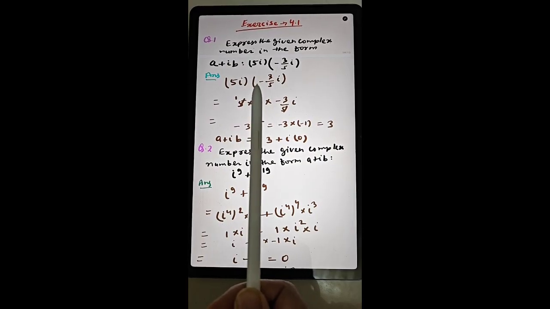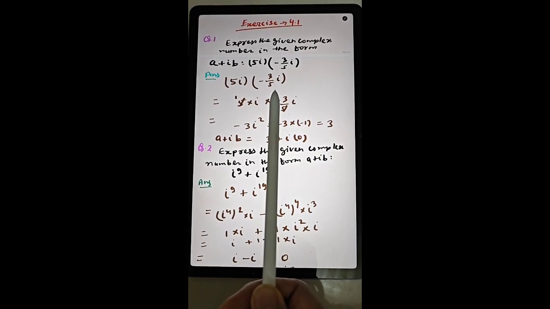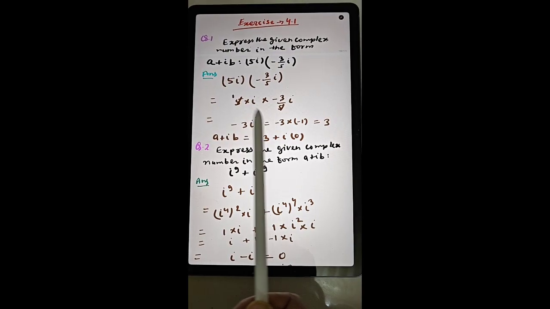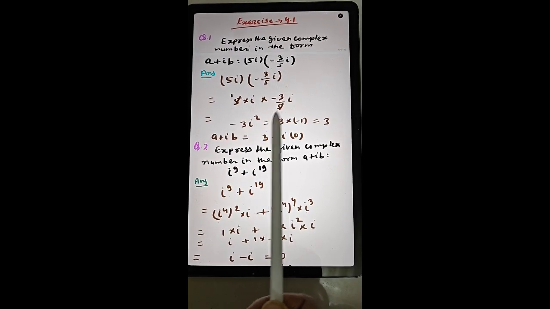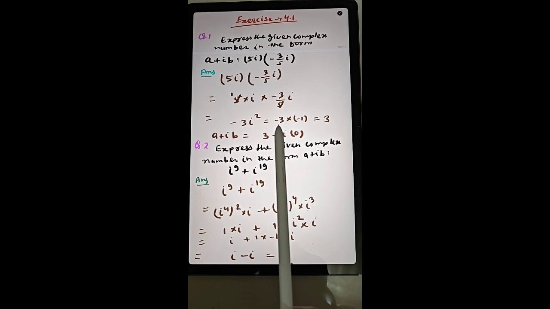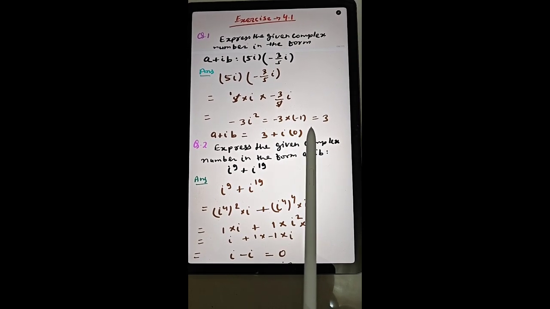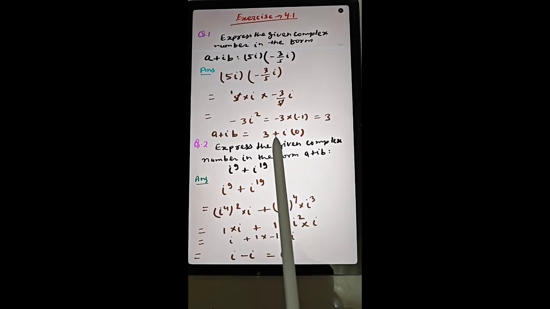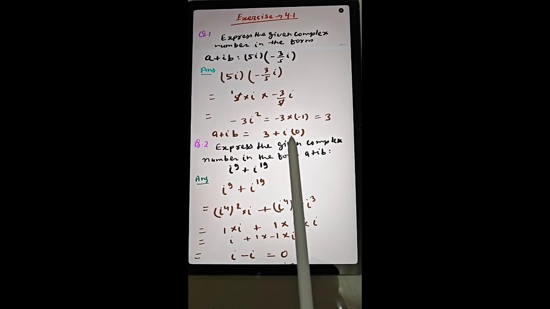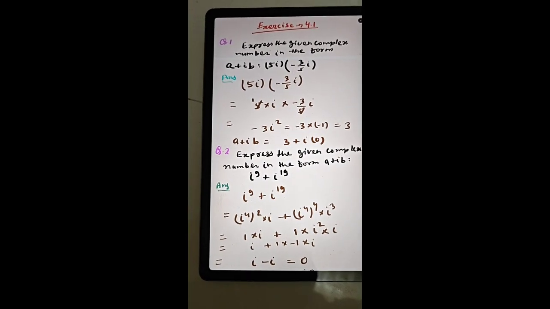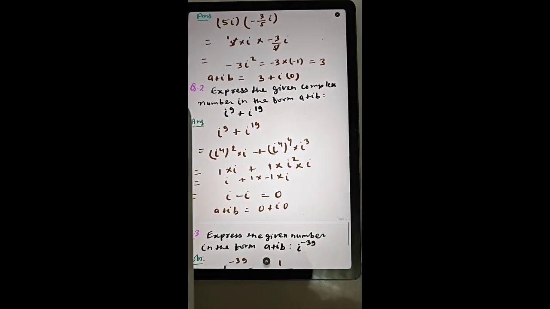This can be written as 5 into i into minus 3 upon 5i. The 5 cancels, so minus 3i square, and you know i square is minus 1, so minus 3 into minus 1, that is 3. So your a plus ib format is 3 plus i into 0, because the imaginary term is 0.